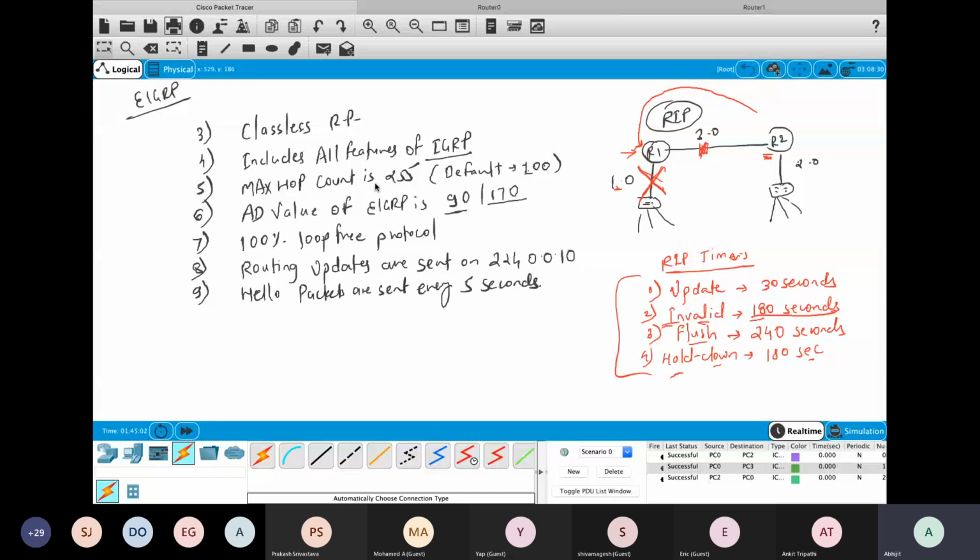Now, EIGRP doesn't work with such timers. Flush timer means that the network will be removed from the routing table, correct?